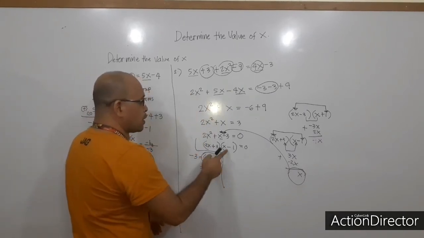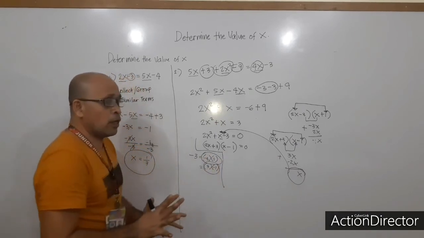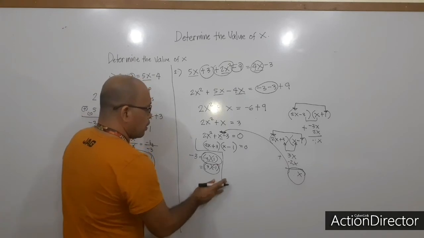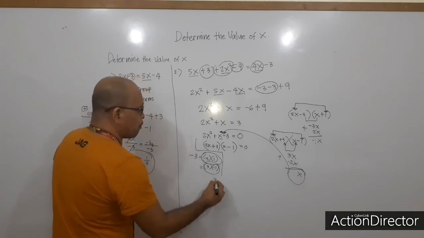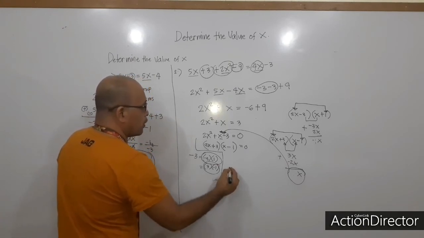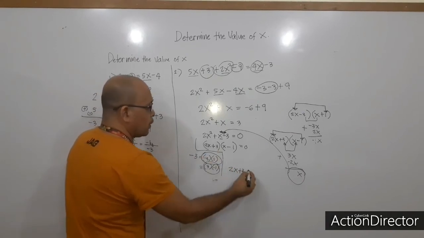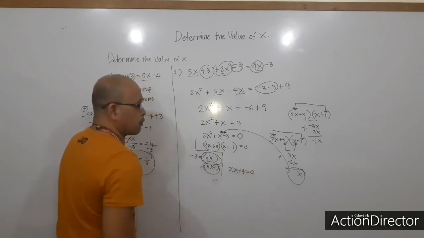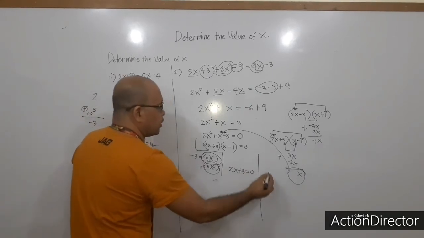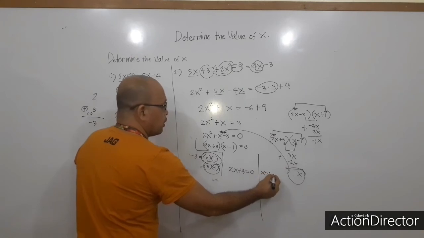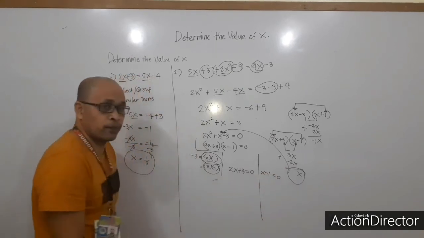So since you have two factors here, therefore, you have two different values of x. First, you have here 2x plus 3, this one, and then equate that to 0. And then you have here another factor, x minus 1 equals 0.